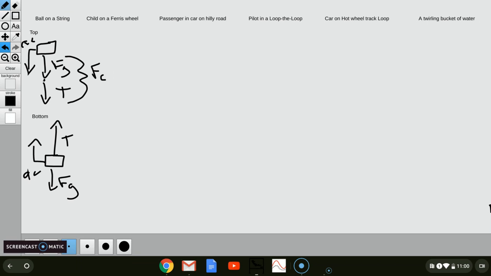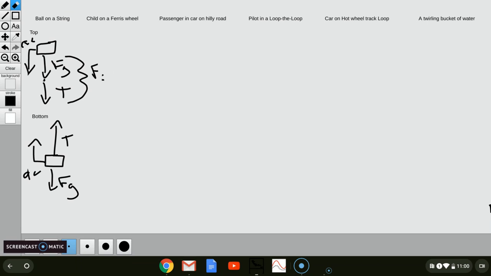Down here, we still have to add these two forces together, but now force of gravity is negative because it's pointing away from the center of the circle, whereas above it was positive, it's pointing the same direction as the tension. And so the tension must be bigger at the bottom to account for that, because we have to keep the centripetal force the same, because it's going to be moving at a uniform speed, and so the tension at the bottom is always stronger.